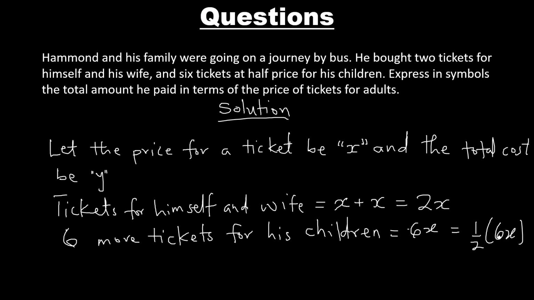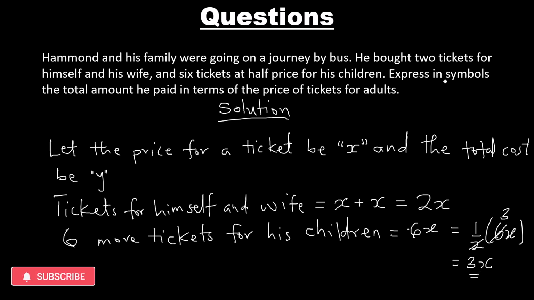That will be half of 6X, which gives us 3X, because this 2 will divide this 6, giving us 3. So this is how much he paid for his 6 children.